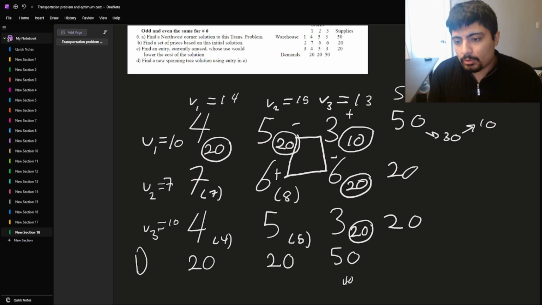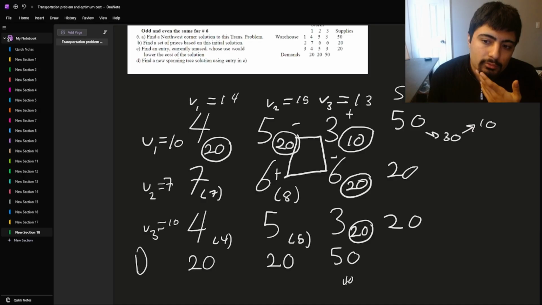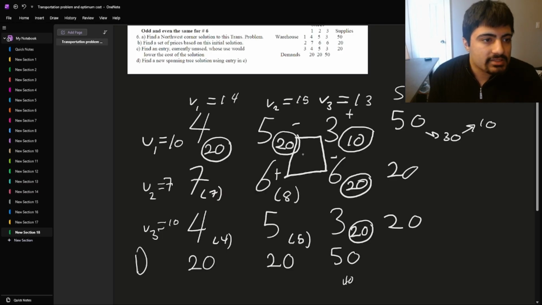So now we're gonna go in this circuit, go look at the allocated values, the negatives actually, more specifically. We have 5 of 20 supply and 6 of 20 supply. We're gonna compare the supplies. Which one has the smallest supply value? Well, in this case, they're the same, but what we will do is choose the smallest supply value. Okay, so if this was a 10, we would choose a 10.